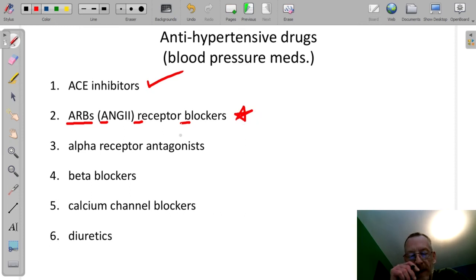Alpha receptor antagonists. You should know the difference between an antagonist and an agonist. Antagonists inhibit the receptor.